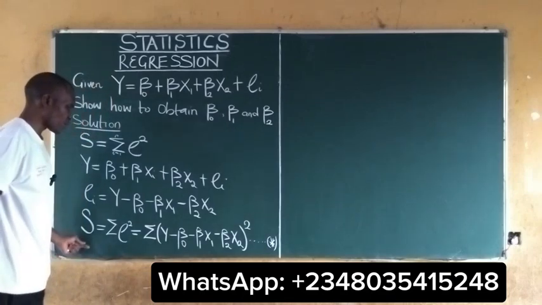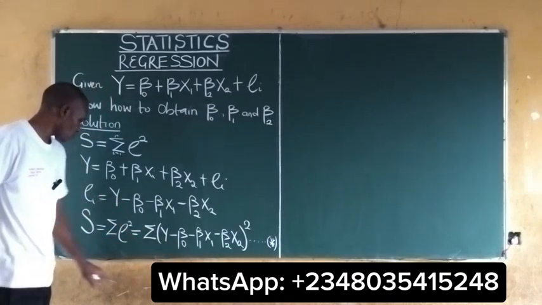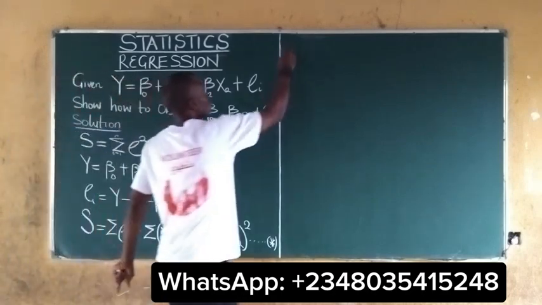The first thing to do is differentiate with respect to B0. For us to find B0, we differentiate with respect to B0.